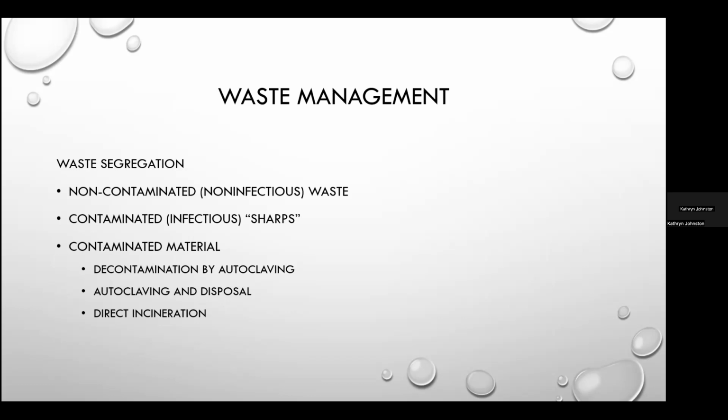And then your contaminated material, you have three types of contaminated material. You have contaminated material for decontamination by autoclaving, and thereafter washing and reuse or recycling. And this could be something like the glass cups and stuff that are used in the lab for mixing solutions or whatever. And the one note is that in this situation in the laboratory, this is the one area where they don't recommend pre-cleaning.